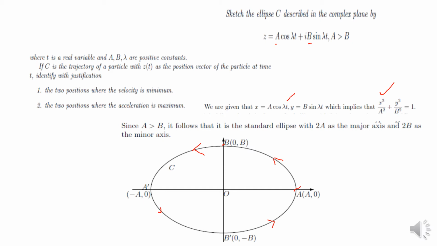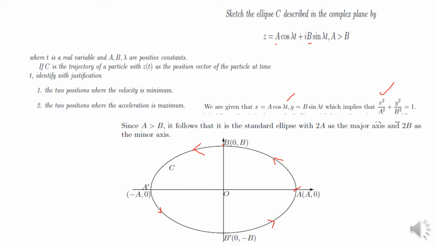Then from pi upon omega to 3 pi upon 2 omega, and then 3 pi upon 2 omega to 2 pi upon omega, reaching point A.